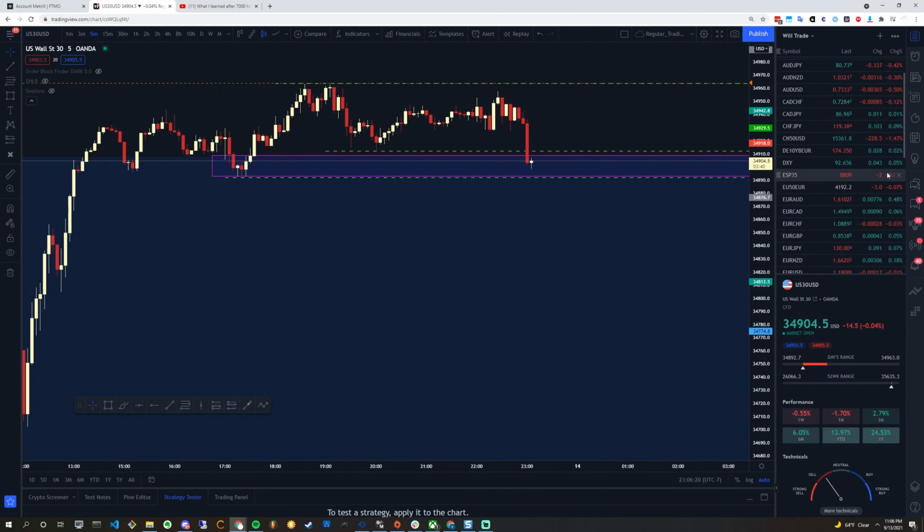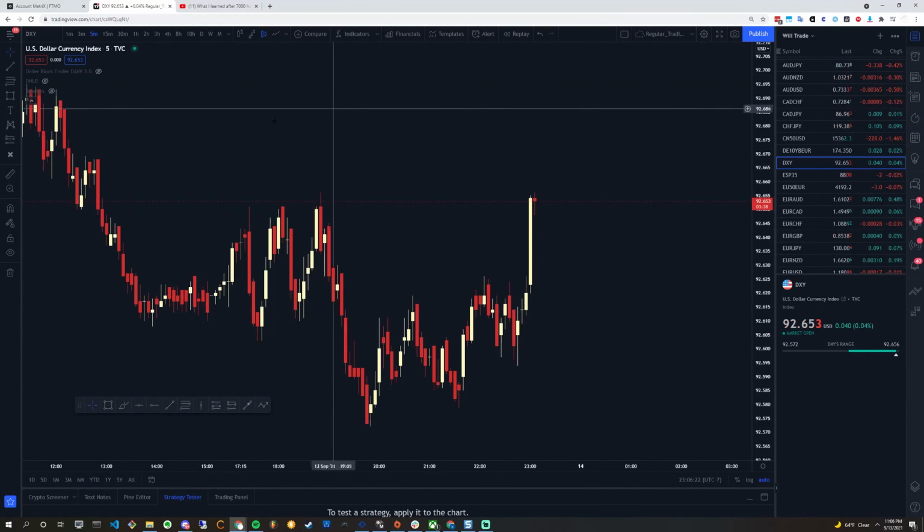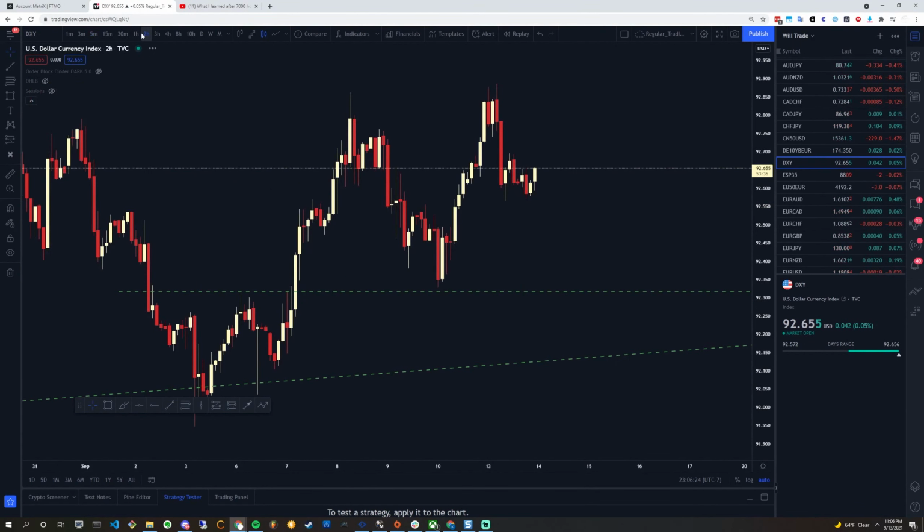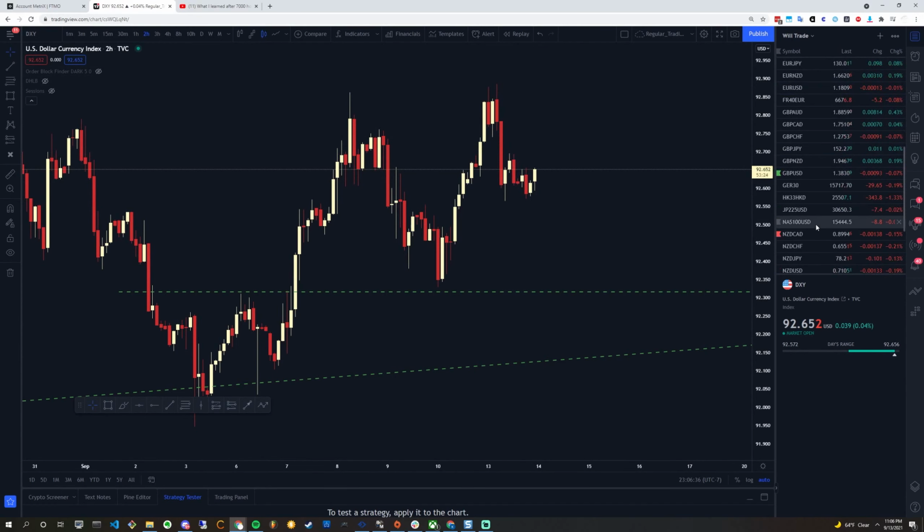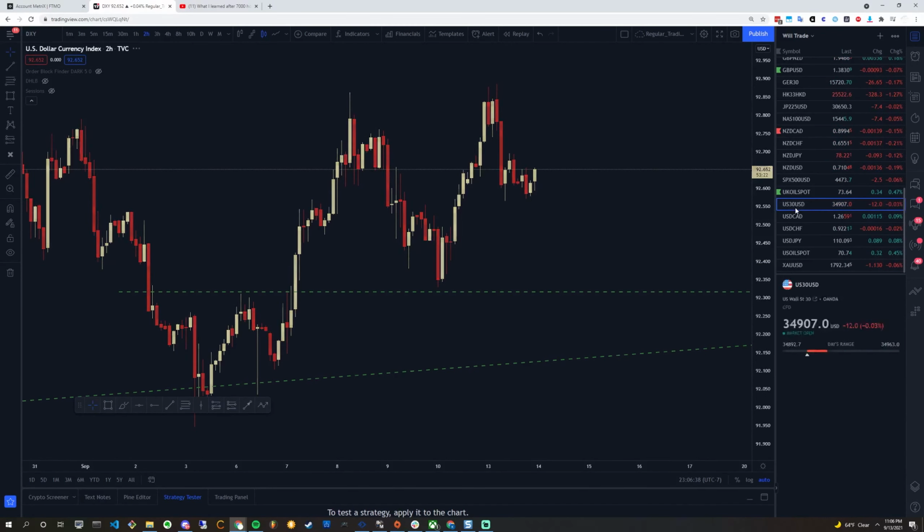Wondering if dollar is rallying right now. Is that what's happening? Yeah. So this could be an interesting trade here. We have to see if dollar breaks this high, but I think we can determine that just from looking at US 30.